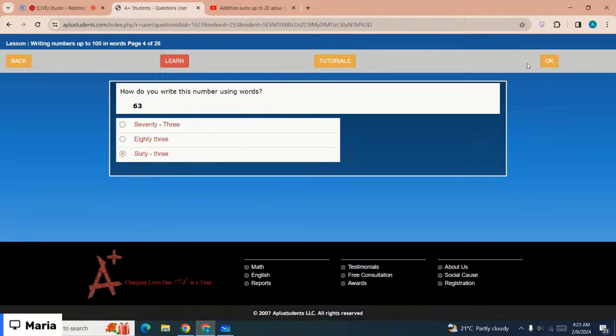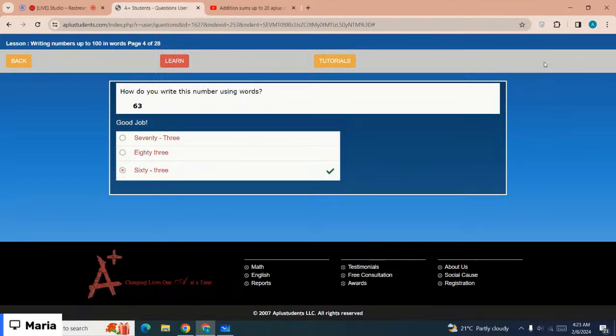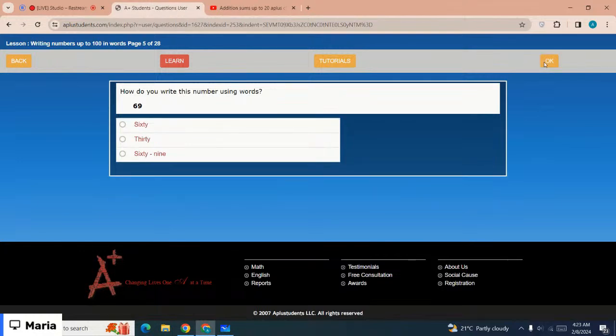So, option number 3 is the correct option. Got it? How do you write this number using words?